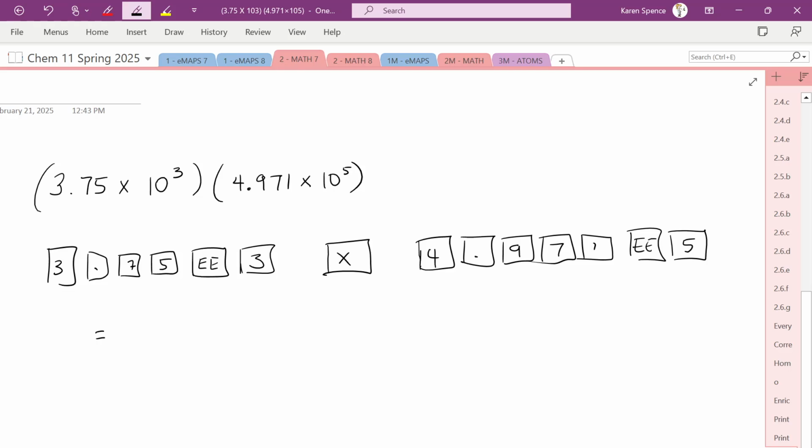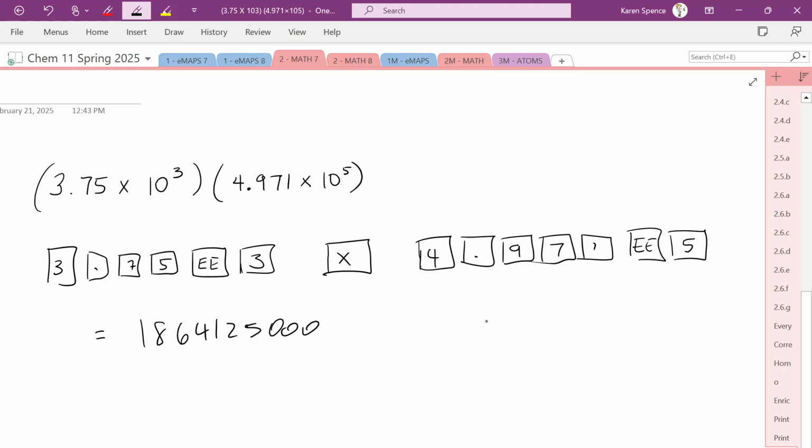Maybe let me just try it now. 3.75 E3 times 4.971 E5 equals, no, that's not working for me. So anyway, it gives me this number, 1864125,000.